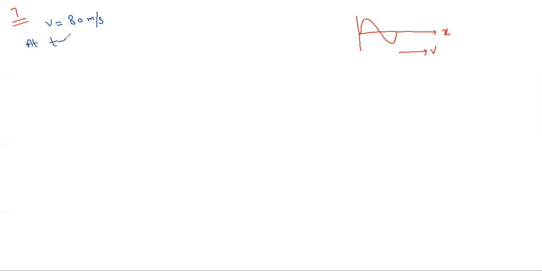It is given that at t is equal to 0 and x is equal to 0, the string particle is at a transverse displacement of 4 centimeter from its equilibrium position.